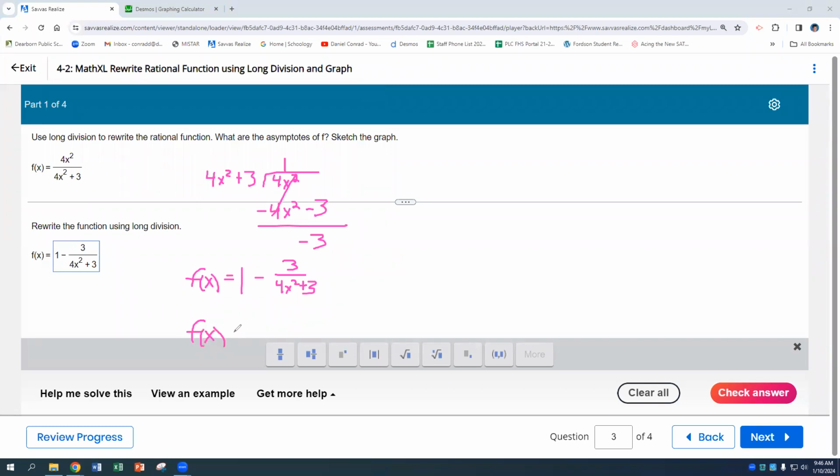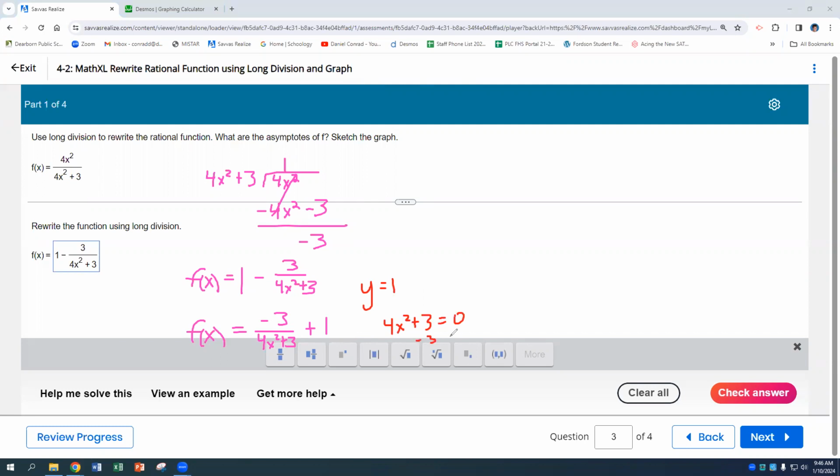So we could write it as -3 over 4x squared plus 3 plus 1. Okay, horizontal asymptote is going to be y equals 1 right here. Okay, where does 4x squared plus 3 equals 0?